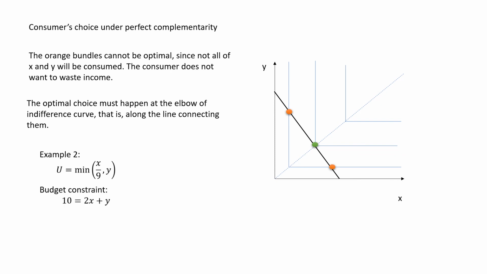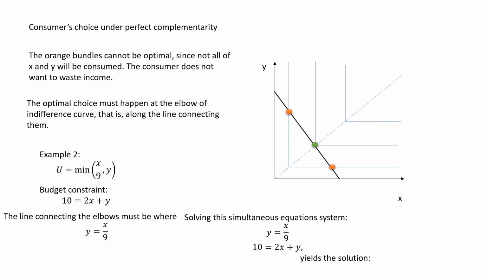The budget constraint we will assume is 10 equals 2x plus y, meaning that copper costs twice as much as tin, and 10 euros are available for the sculptor to spend on these products. The line connecting the elbows can be found by taking the two arguments within the minimum function and making them equal. So we have the line y equals x over 9.